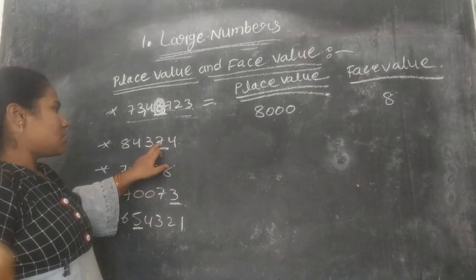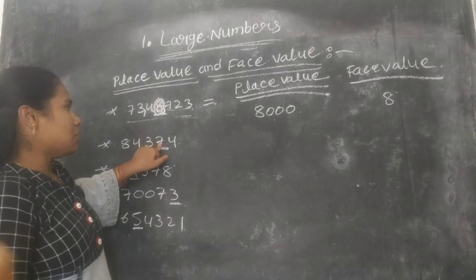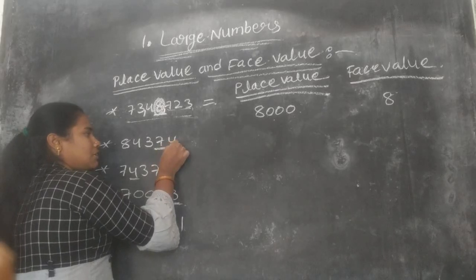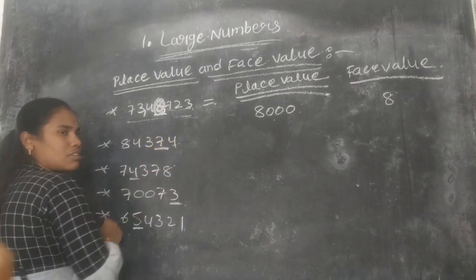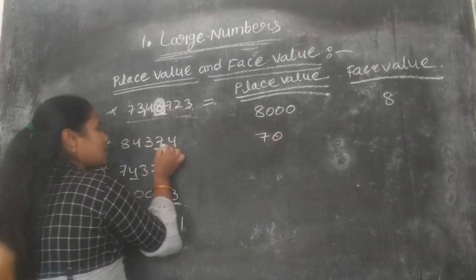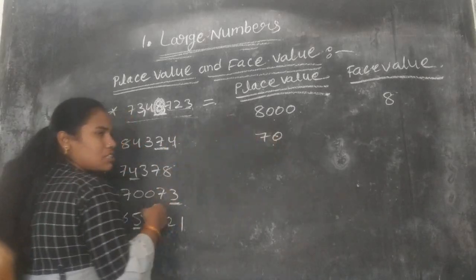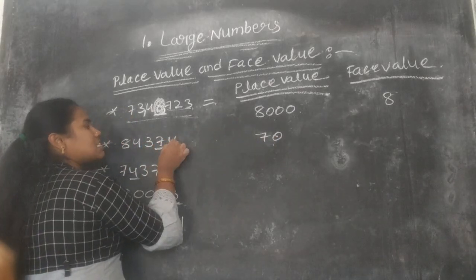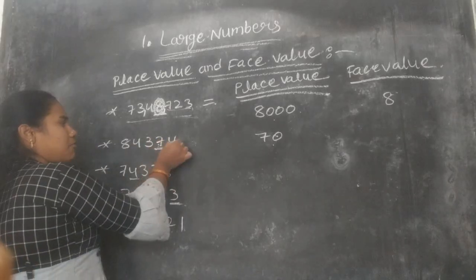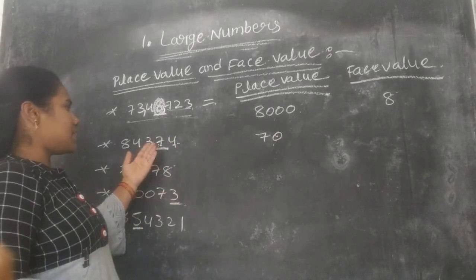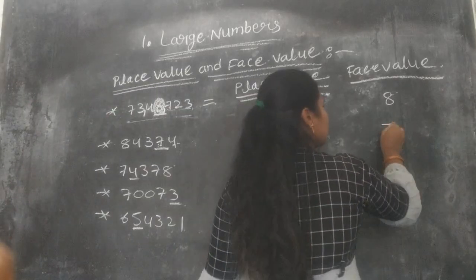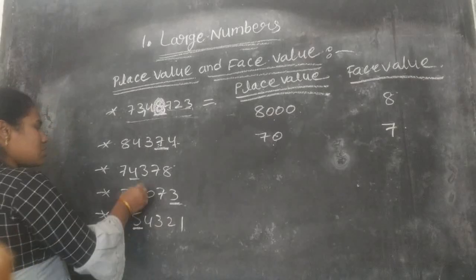So we have to find the place value and face value of 7. See, place value: ones, tens. So it means 70. 7 as it is, 1 digit, put the 1 zero. Okay. 70. Tens means of course 1 zero will come. So 70. And the face value is which number we are seeing here? 7. That is the face value.